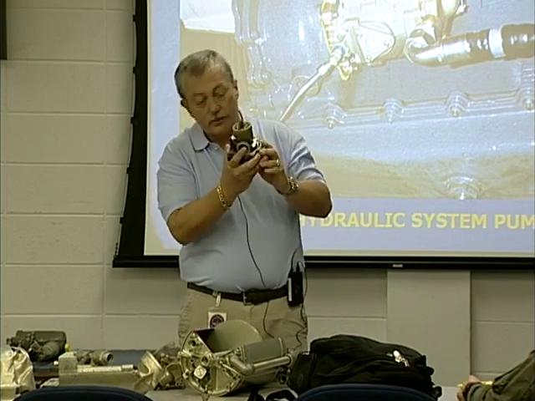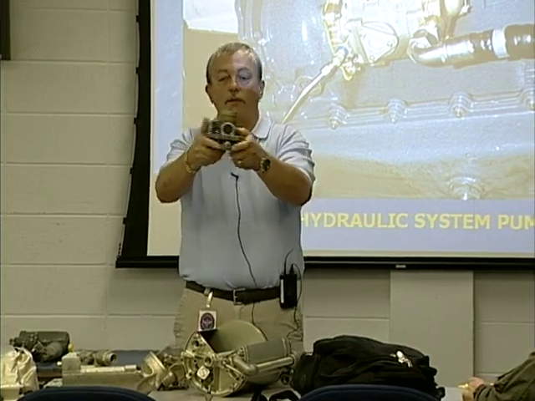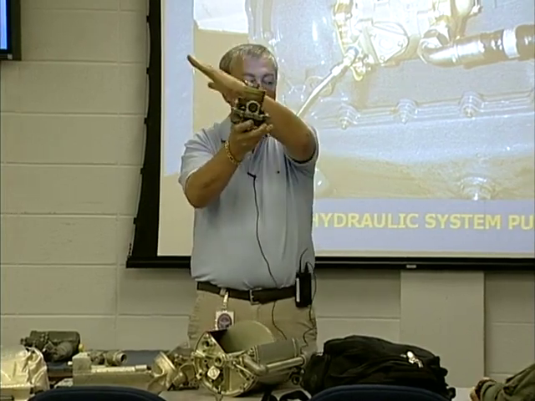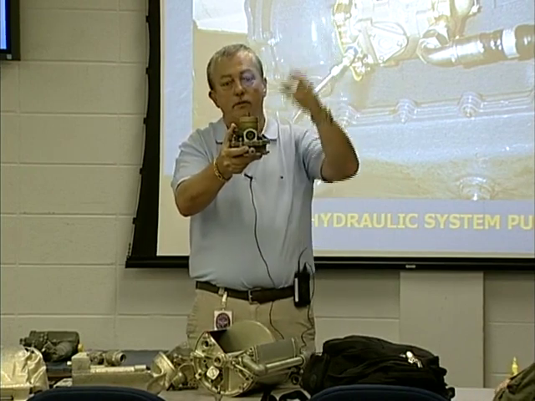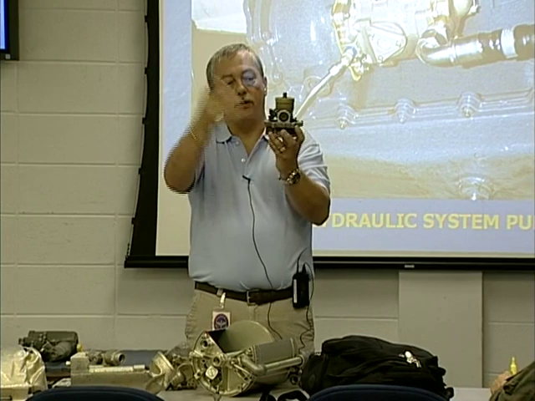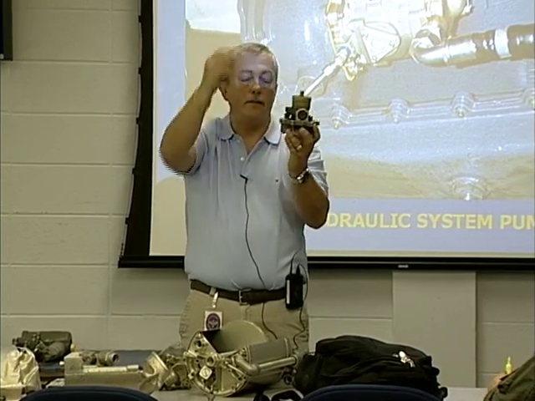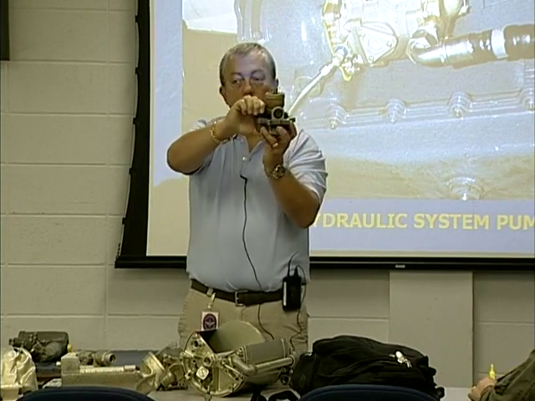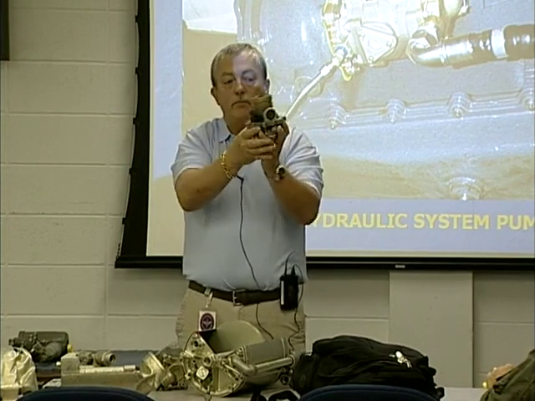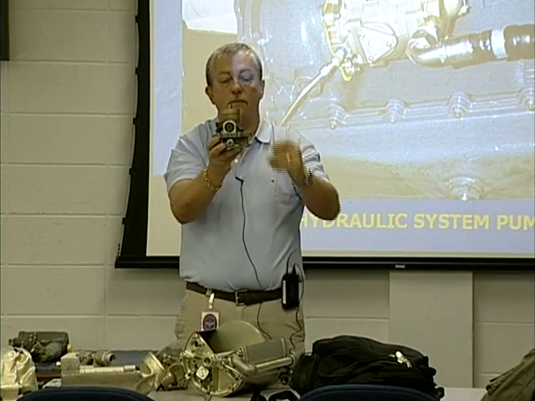That is accomplished by a wobble plate. This little thing that's sideways on the inside is called a wobble plate. Once we stop using some of the systems, pressure will start building up on the back side of it. That 3,000 PSI will come in and push down on the wobble plate, bringing this side up.